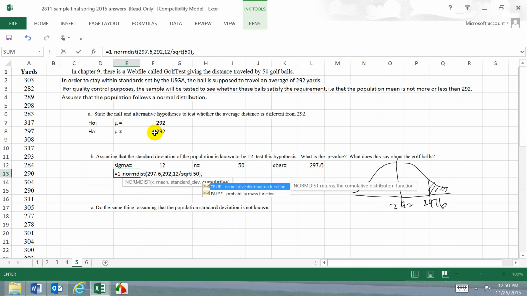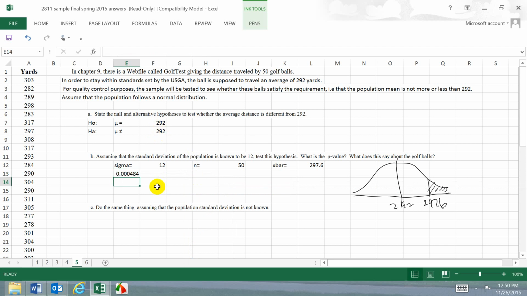So never make that mistake. And that's the part in the upper tail. Since it's a two-tailed test, the p-value is going to be double that. And there is our p-value.